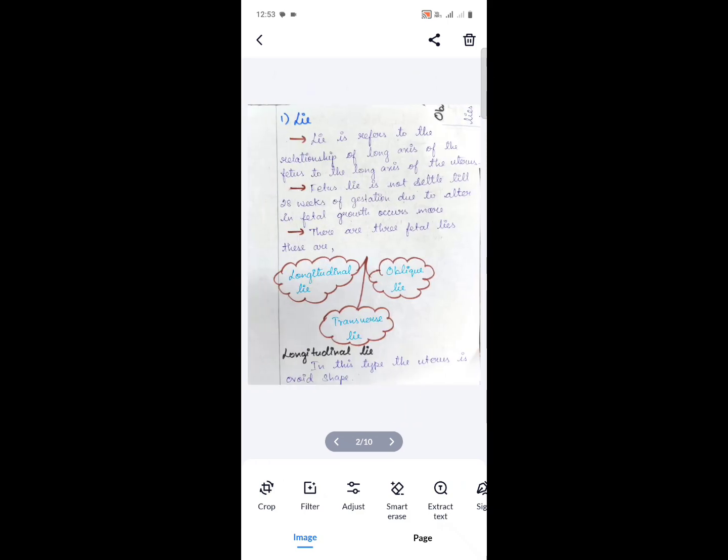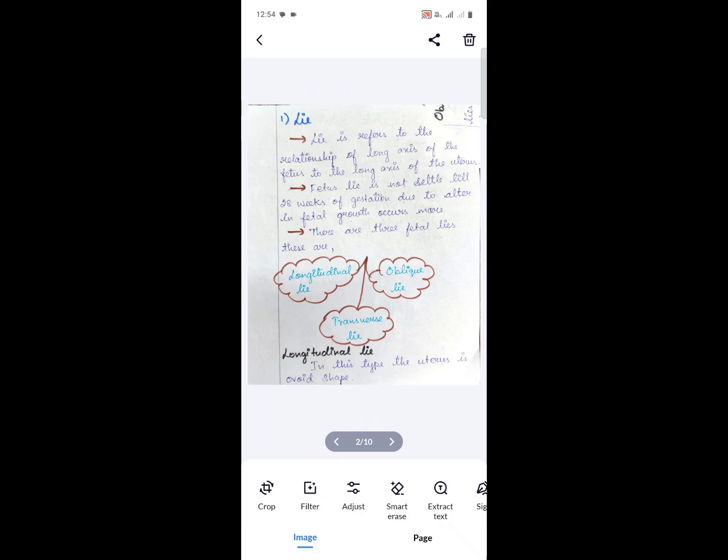also. The fetal lie is not settled until 28 weeks of gestation due to changes in fetal growth, because until 28 weeks there is more amniotic fluid, and the fetus is smaller than the amount of amniotic fluid.